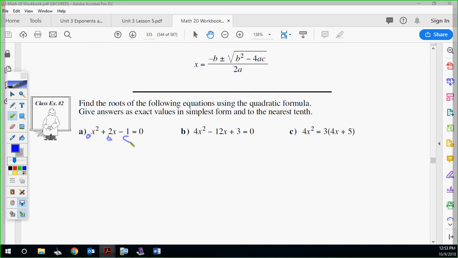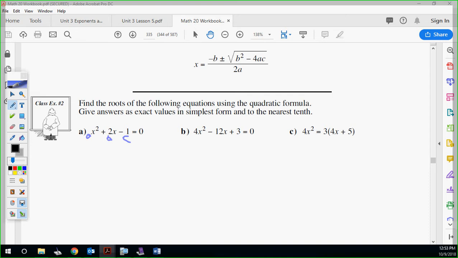Any questions before we start? Okay, let's do the first one here. The formulas in the back of the book are the ones that you'll be given on exams. Anything outside of that sheet, you need to know.